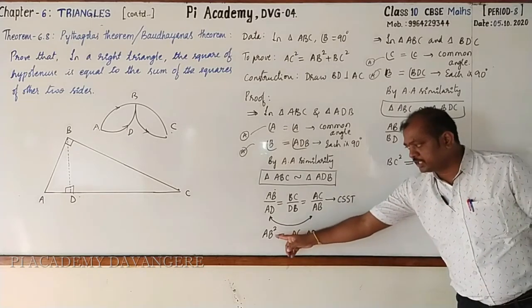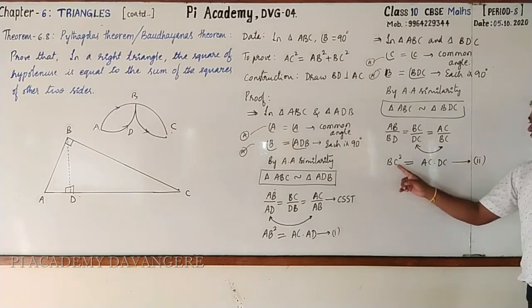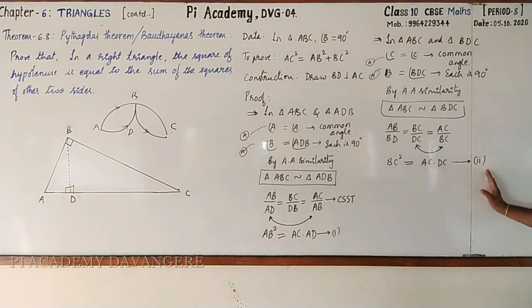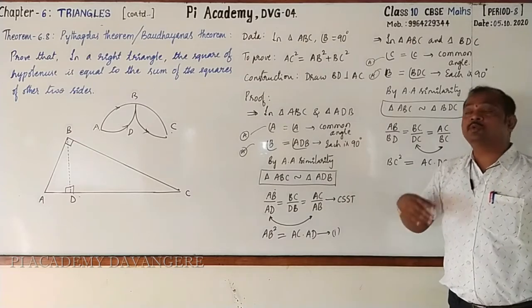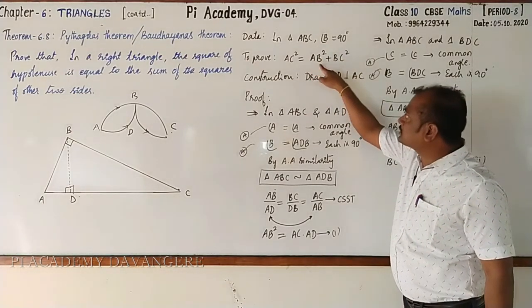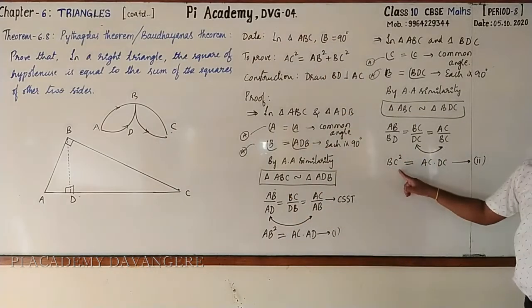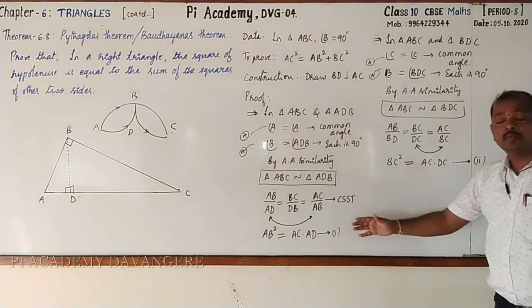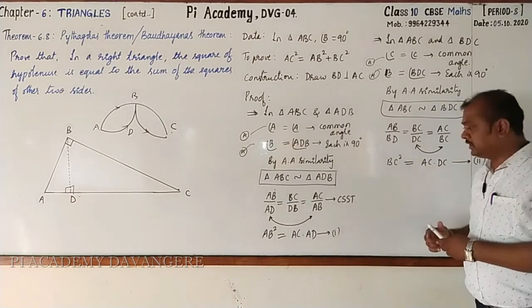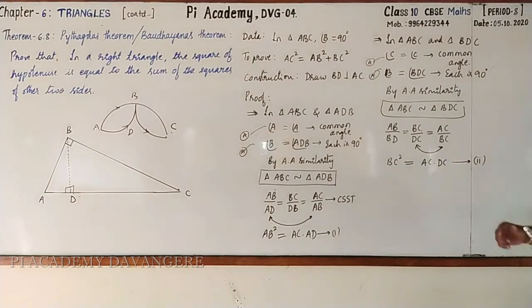Observe, statement 1 is AB square equal to AC into AD. Statement 2 is BC square equal to AC into DC. But the statement we are going to prove is AC square equal to AB square plus BC square. Now could you tell what is the next step? It is very good. We are going to add statements 1 and 2.